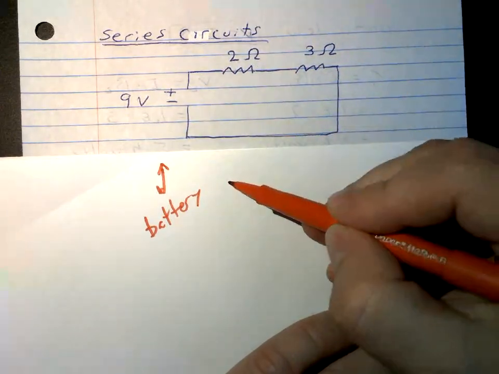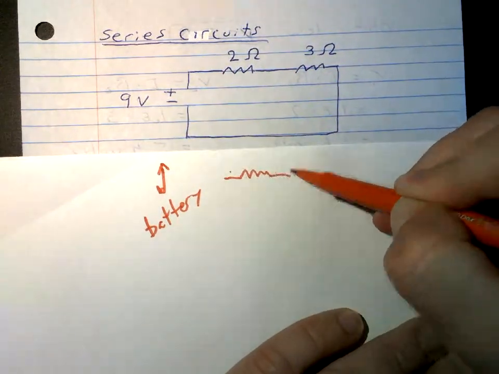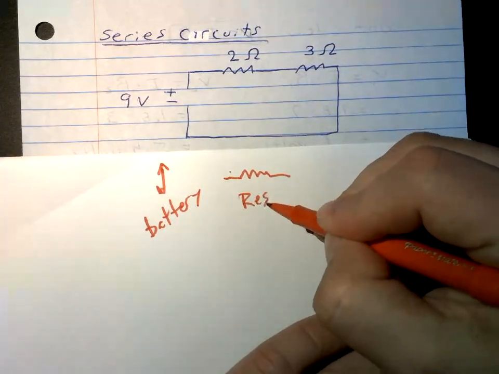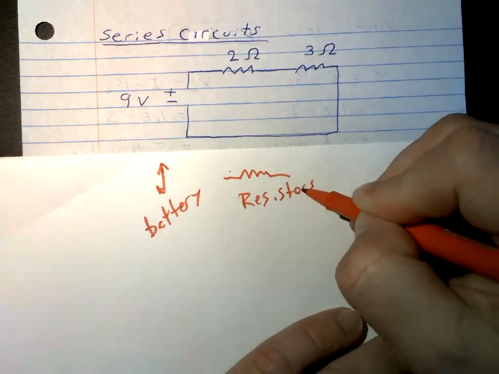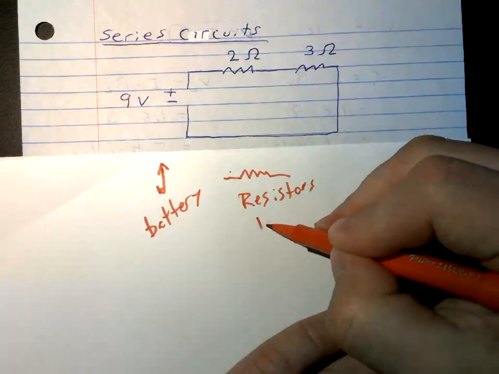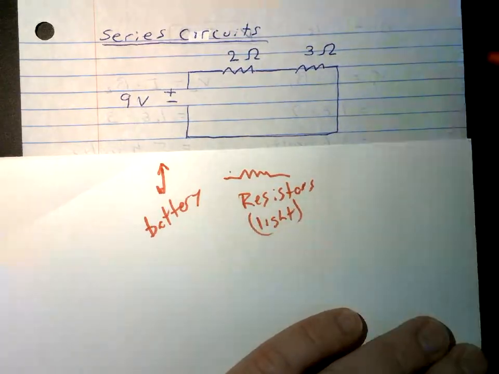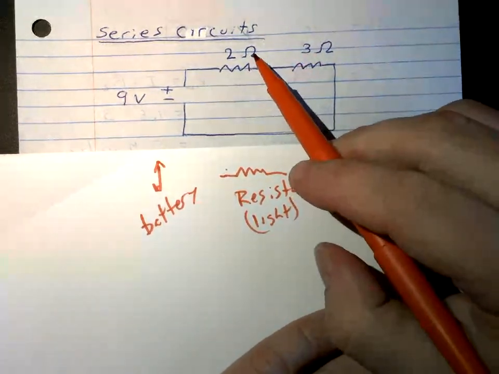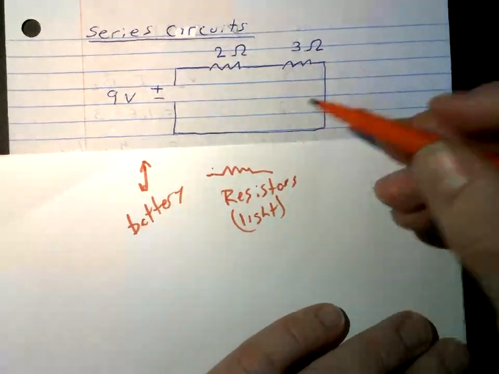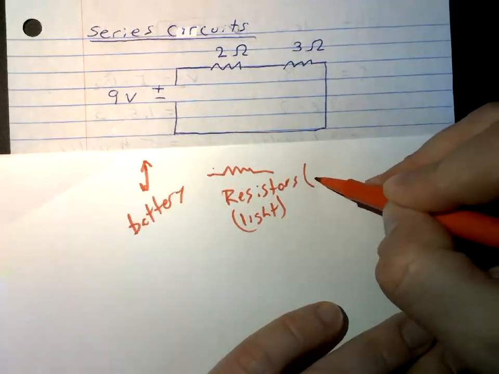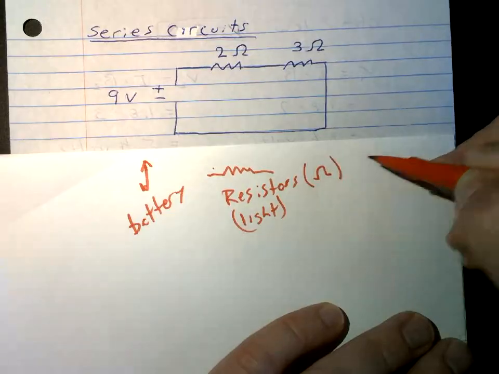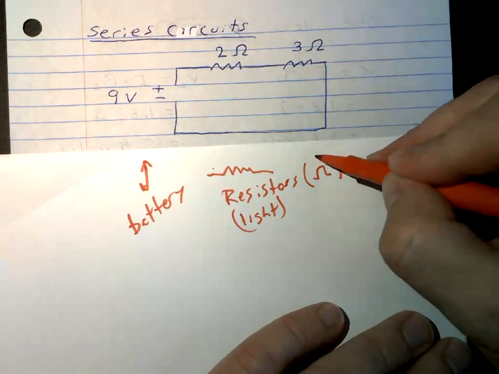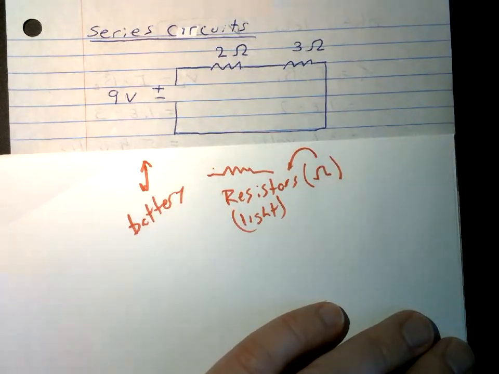If you see these little squiggly lines, these are called resistors. What resistors are doing is just like your light, like the light bulb. Don't worry too much about the symbols; this is just a symbol for resistance.